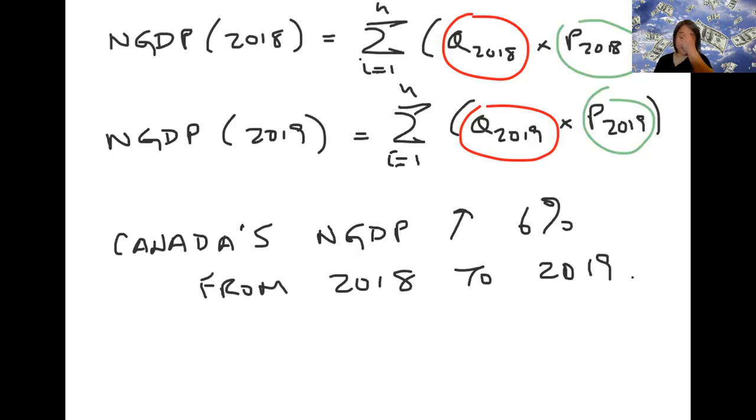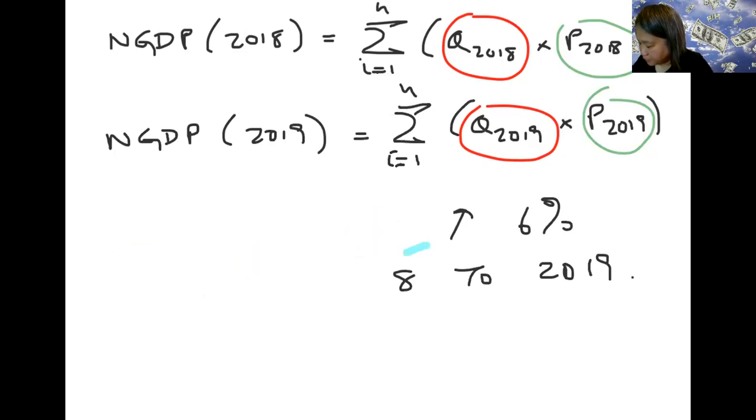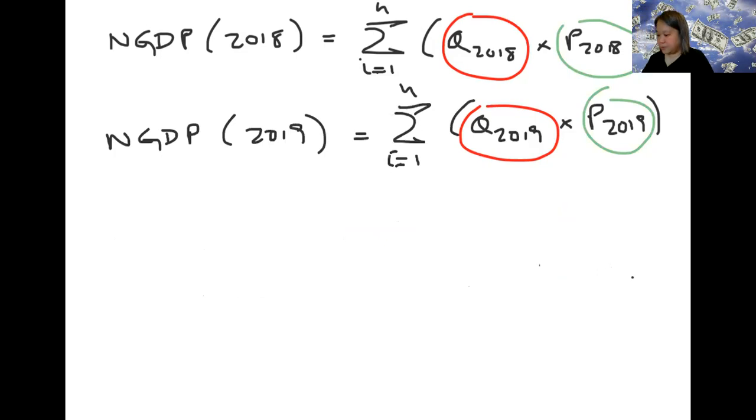So this is why whenever you measure economic growth, we do not use nominal GDP, but we use real GDP. So let me show you what that means. I'm going to erase this statement, and I'm going to show you what real GDP means.